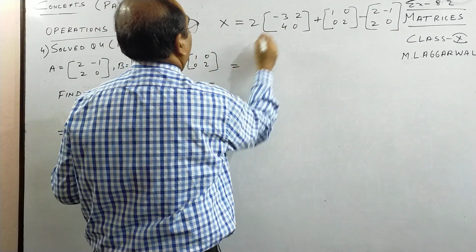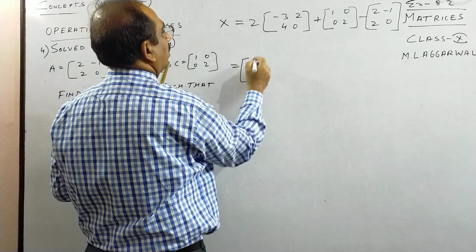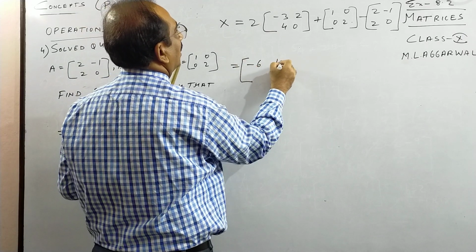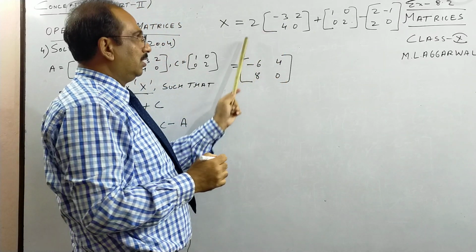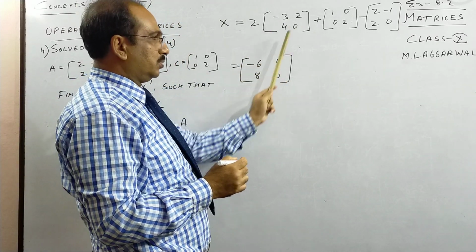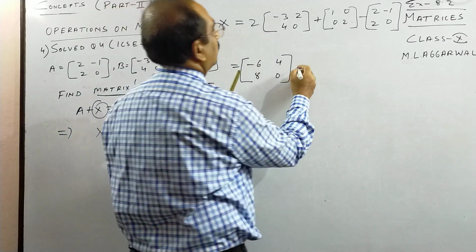First I will multiply by the scalar and I get double of each term. Minus 3 becomes minus 6, 2 2s are 4, 4 2s are 8, 0 remains 0.